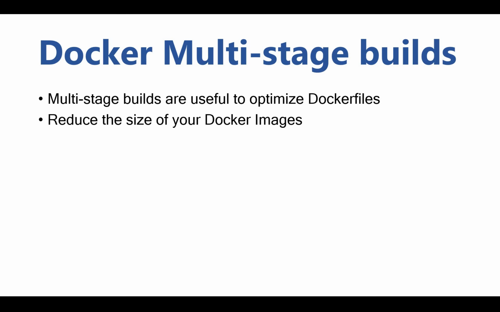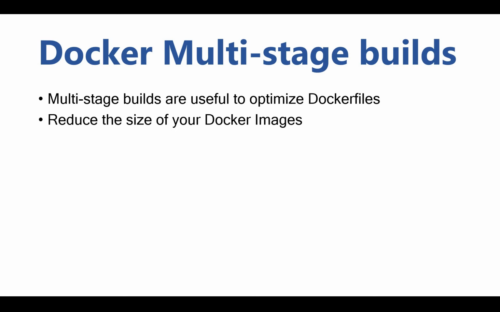Another important point is that using multi-stage builds helps you to reduce the size of Docker images. Not only the size of the Docker images, it also helps you to save a lot of size on your local machines or your systems, because when we talk about saving the different files in different locations and copying to other Docker images, I will touch upon all these things when we talk about how Docker build works and how we are saving the artifacts from one Docker image to another Docker image, right?